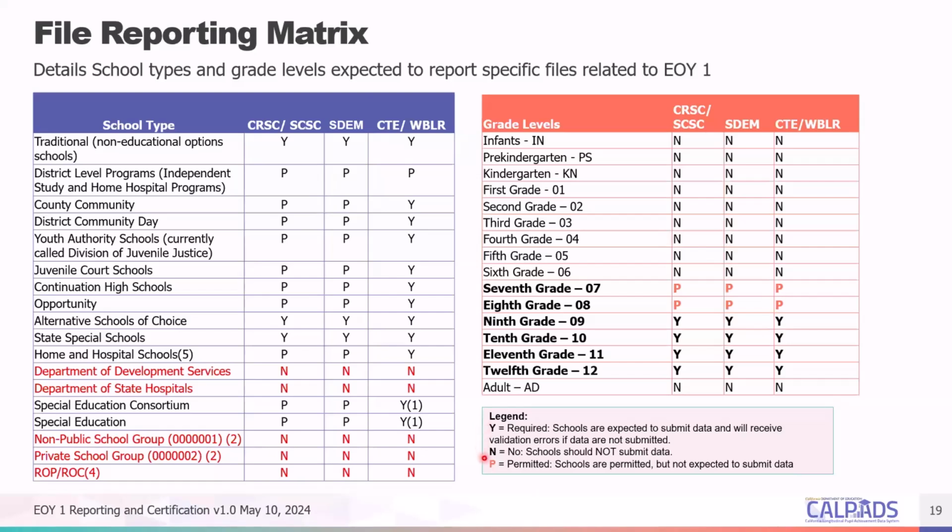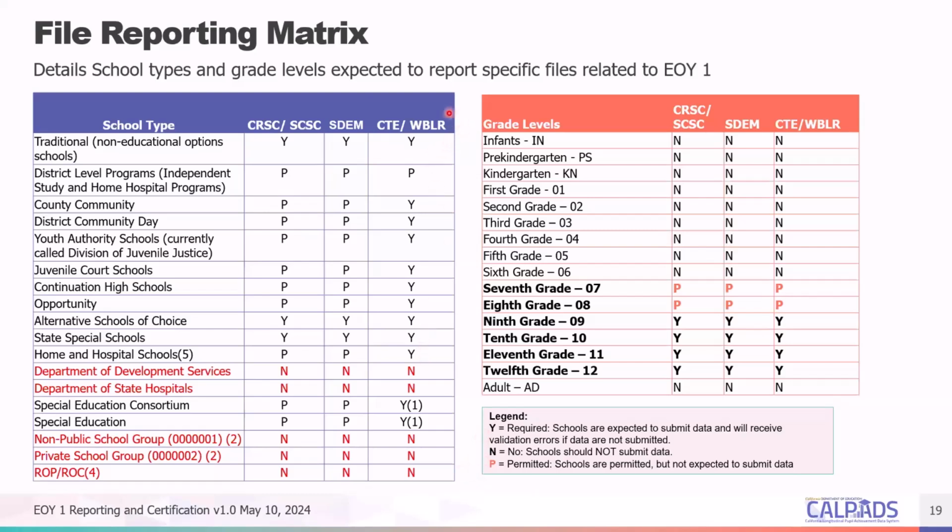An N would indicate that schools should not submit this data, that it is neither expected nor required of the schools to submit the data, and a P would indicate that the file types are permitted, that schools are permitted but are not expected to submit those records.